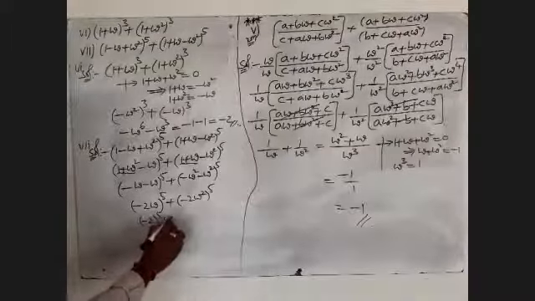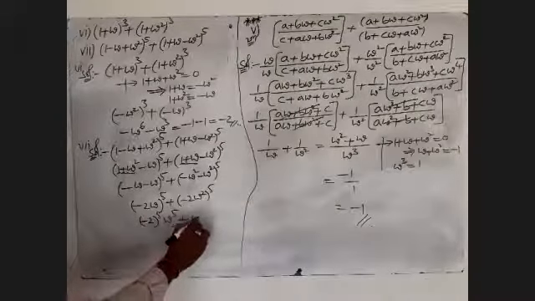We expand this: minus 2 power 5 omega power 5 plus minus 2 power 5 omega power 10. Minus 2 power 5 is common, so I write minus 32 into omega power 5, which is omega cube into omega square, plus omega power 10, which is omega power 9 into omega.